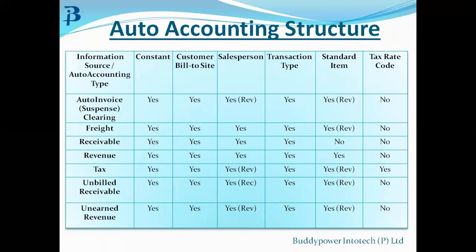Here you can quickly enter your invoices and credit memos without worrying about entering the correct account. You must define your auto accounting structure before you can enter invoices and credit memos, and you can only define one structure for each type. The auto invoice clearing account is used by auto invoice for your imported transactions.